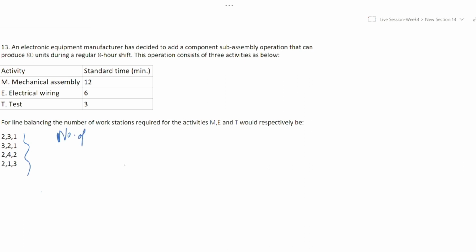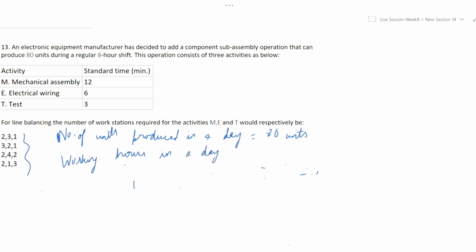So here first we will find out the number of units produced in a day, which is equal to 80 units. Now working hours in a day is equal to 8 hours.